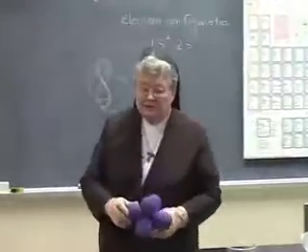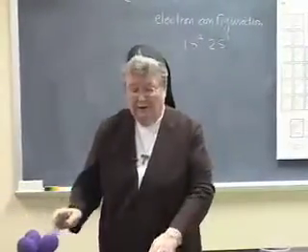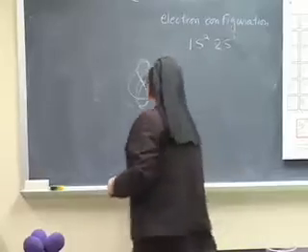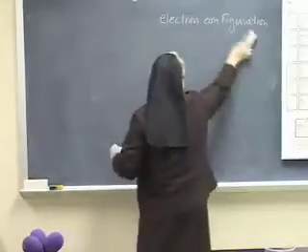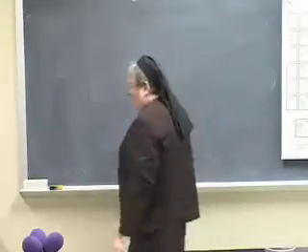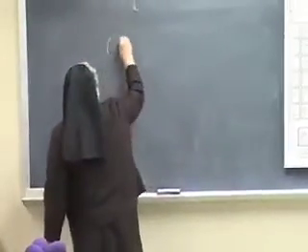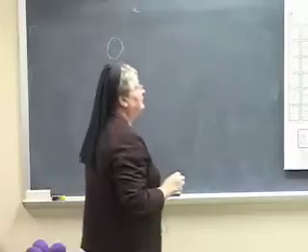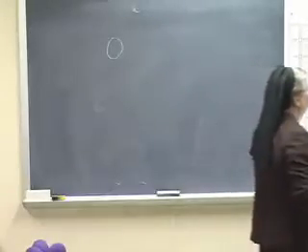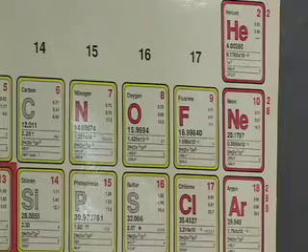Now let me show you how that would work. Let's take an example, and let's take oxygen, because we look at oxygen and we ask ourselves how many electrons are in oxygen. When we see oxygen, we see its atomic number is 8. So oxygen has 8 electrons.